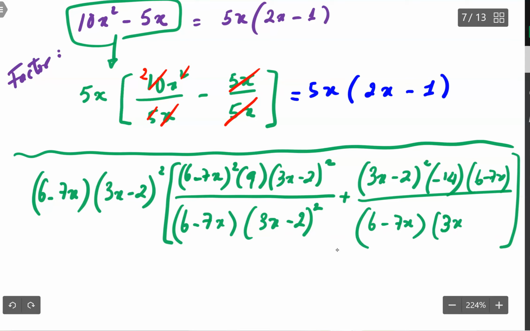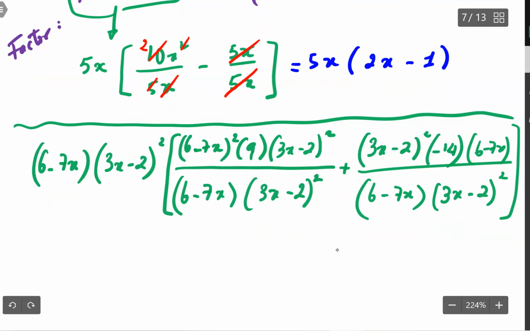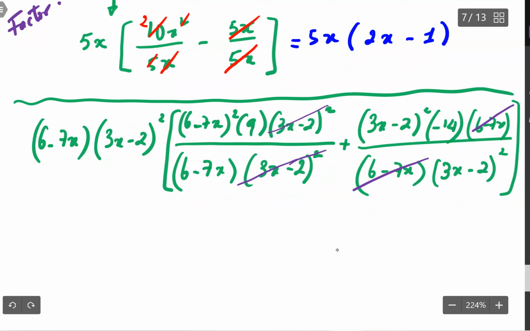It's tedious, but if we do it step by step, now I can explain to everyone why I end up with the simplified version inside the bracket. So now you see inside here, that cancels with that, because they are exactly the same, and that cancels with that. So let's rewrite what we have.